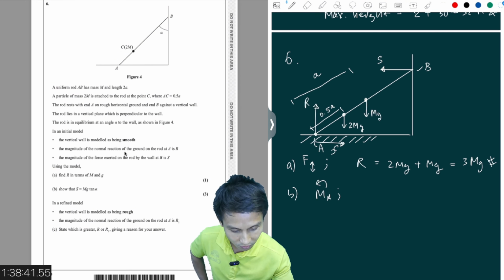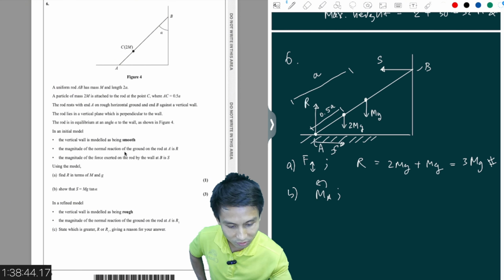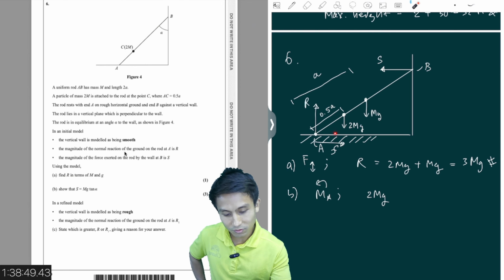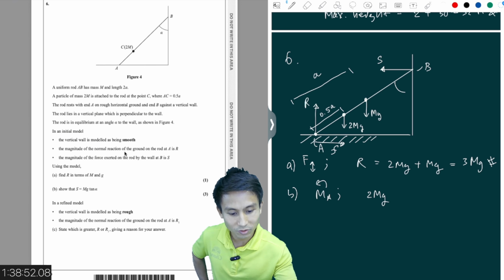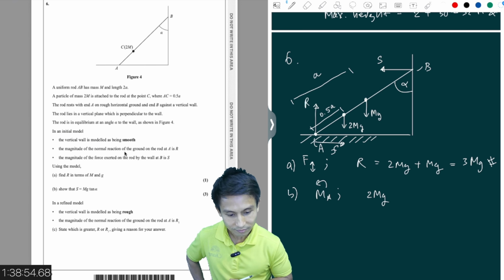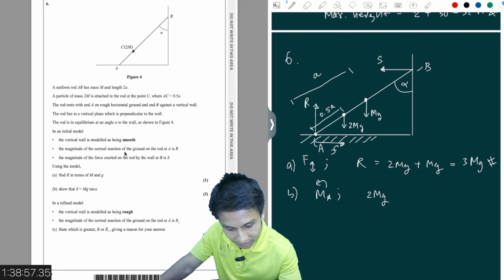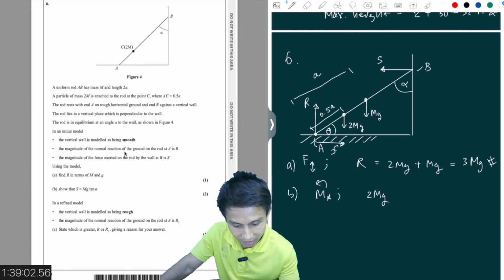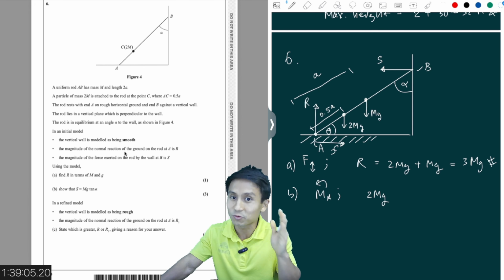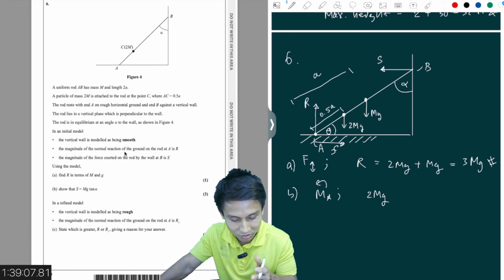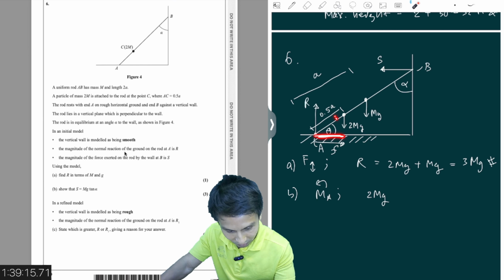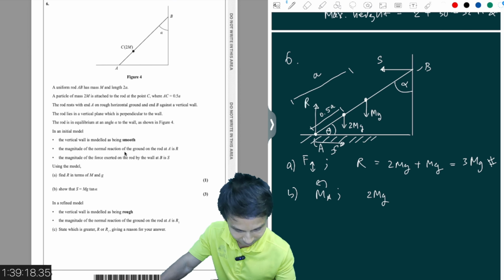Okay, so moment clockwise. I'm going to do 2mg clockwise about this point. We know the angle alpha, but let's do theta here. If we have theta here, it's going to be 2mg, and the distance here is going to be 0.5a cos theta.